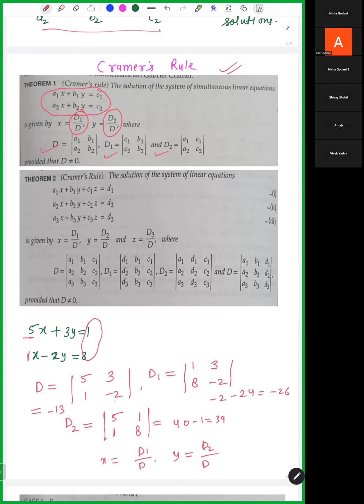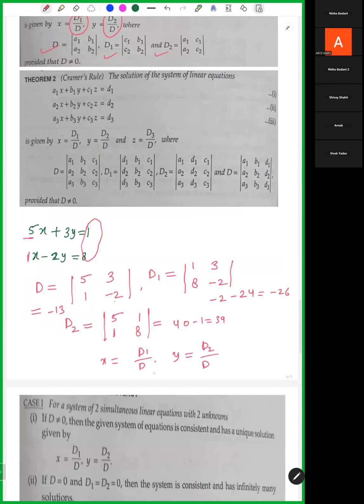So what is X now? X is d1 upon d. d1 is minus 26 upon d is minus 13. So it is 2. And y is d2 upon d. d2 is 39 and d is minus 13. So it is minus 3.